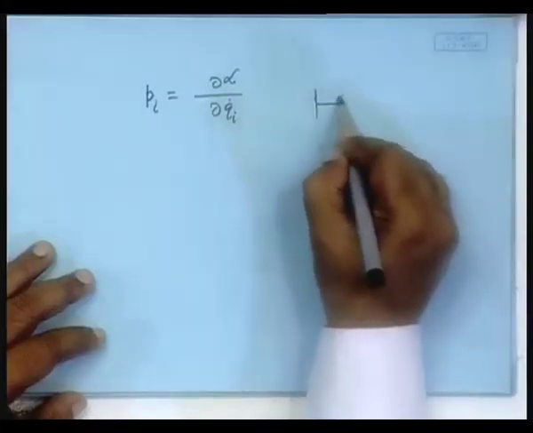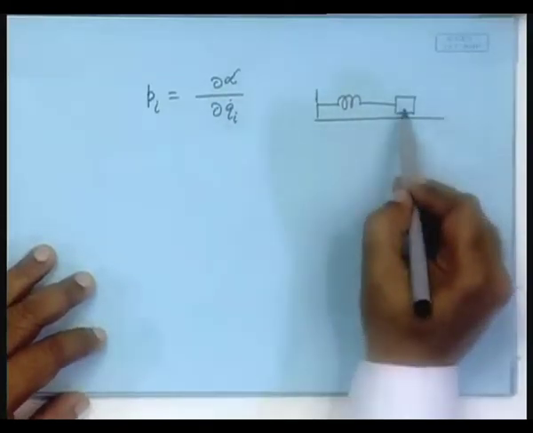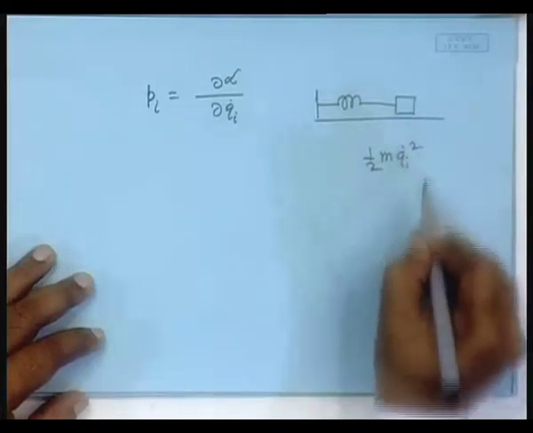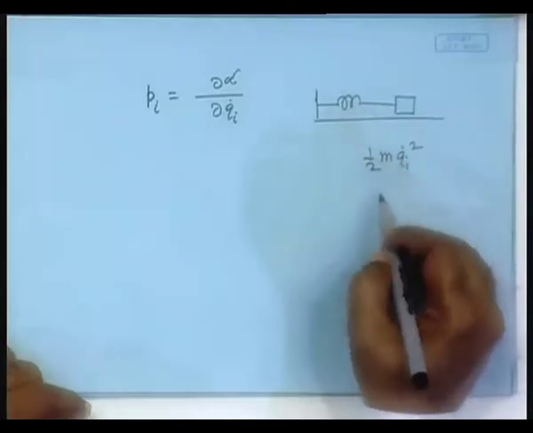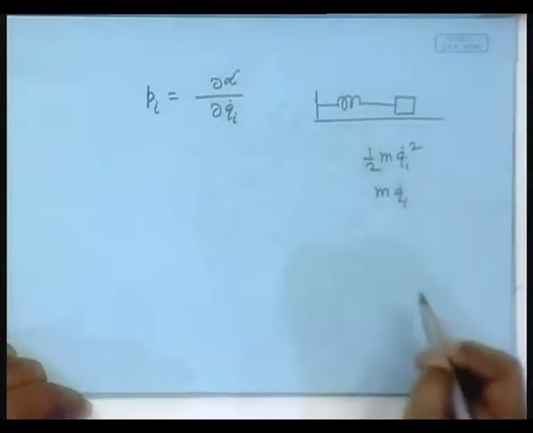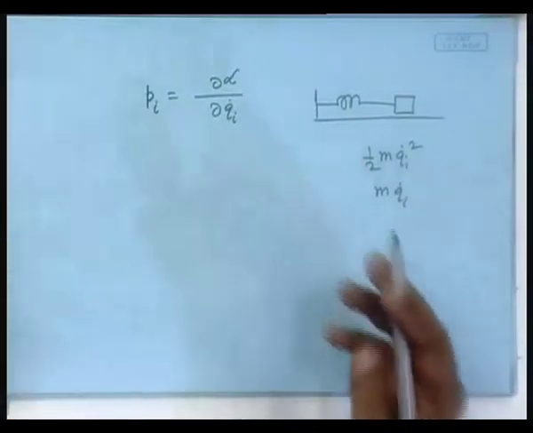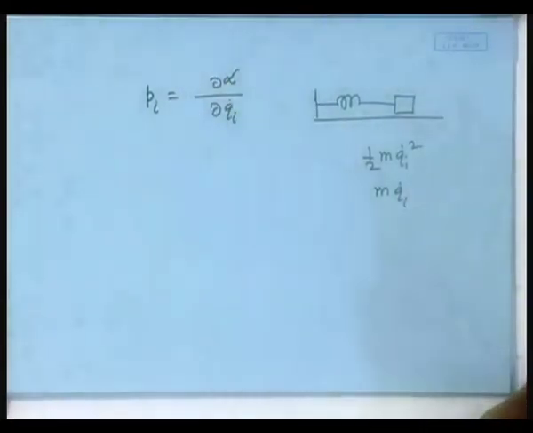Imagine any of the situations that we have come across. Say there is a mass, what was your Lagrangian? Lagrangian had this term, m q i dot squared over 2. You differentiate with respect to q i dot, it gives m q i dot. That is what p i is, right. So, we in general define p i as this.